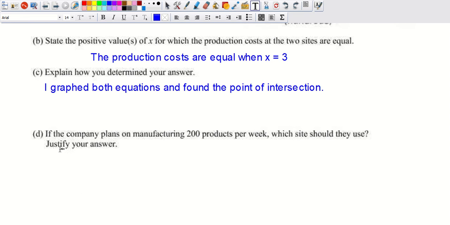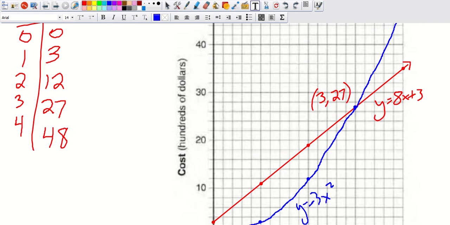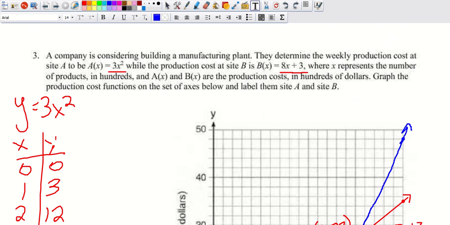Oh, no, we got one more. Company plans on manufacturing 200 products per week. Which site should they use? So if we go 200, right, way out here, you can see after week 3 that this site, y equals 3x squared site, is going to produce costs $100 more here.